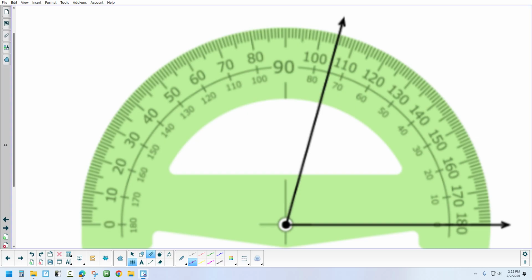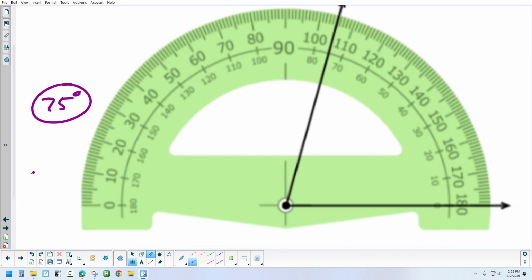How big would you say that is roughly? 75. Yeah, I'd say it's probably 75. Okay, you wouldn't want to say 100 and whatever, 105 or something. You wouldn't want to say that. It's about 75. Okay. Any question on that one?